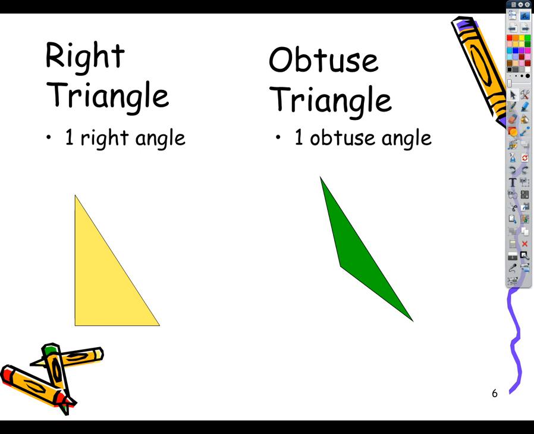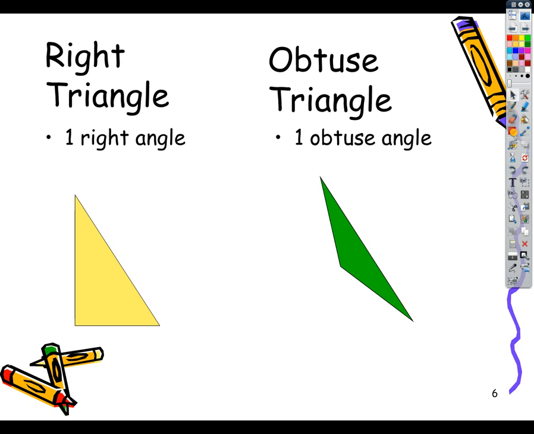Because one's already 90, right? And there's only 180 degrees to spread around for all the angles, and so obviously neither of the other ones can be 90. They have to be less than 90. Good. What else could you say? Well, I guess we sort of touched the other thing also. The other 2 angles have to add up to 90, yeah.